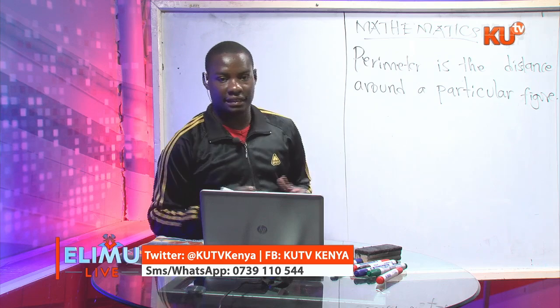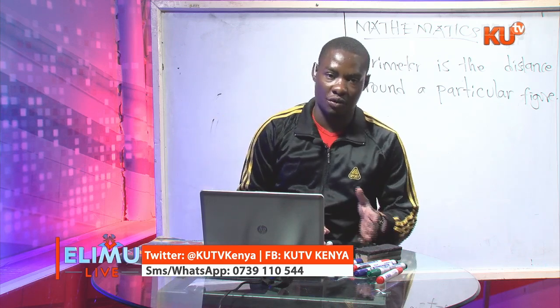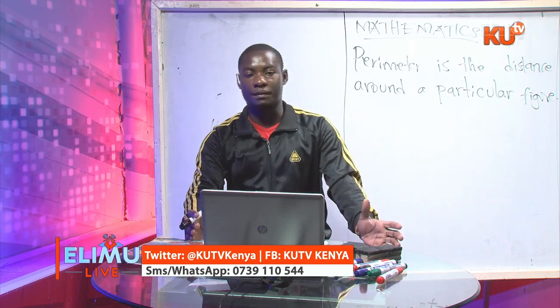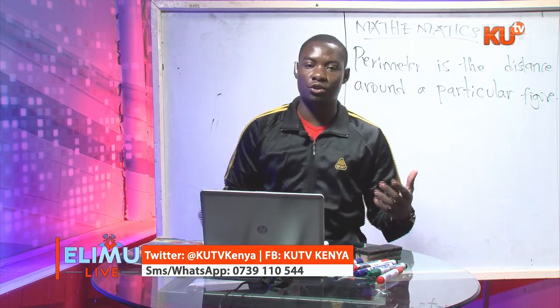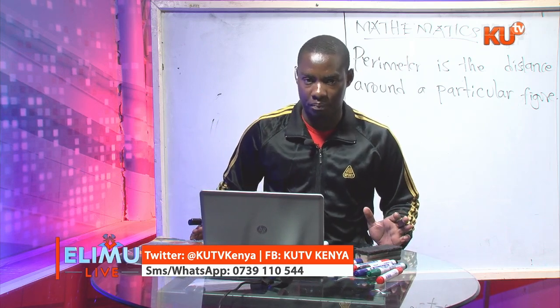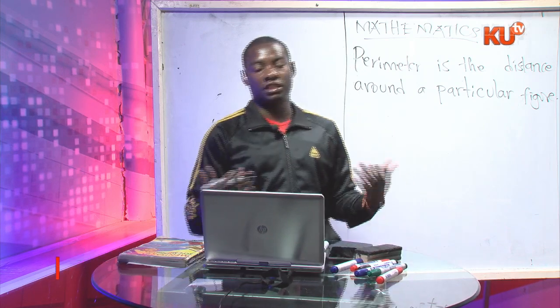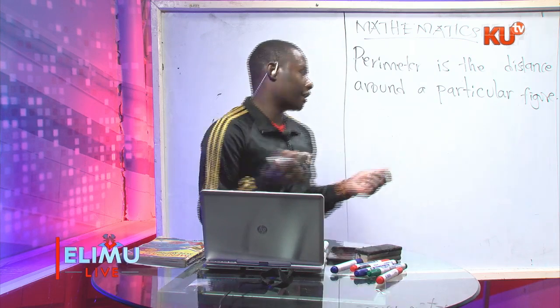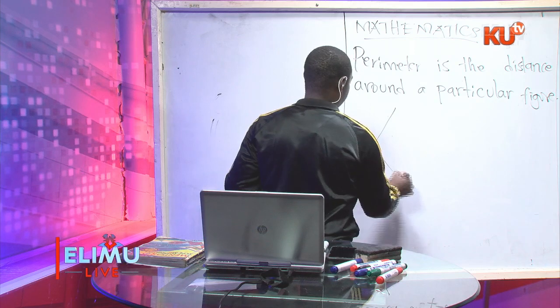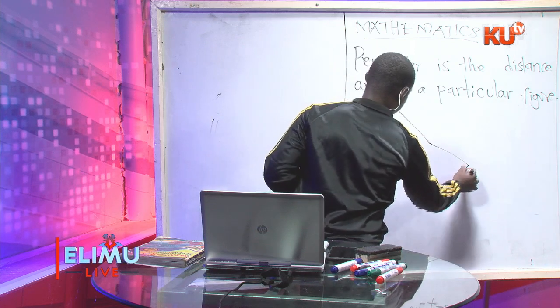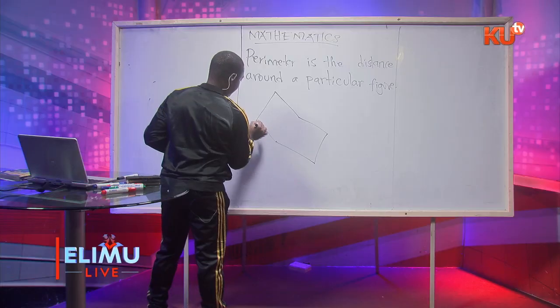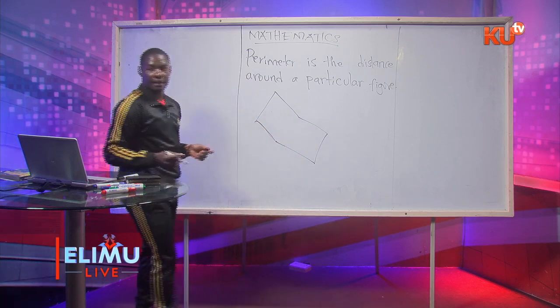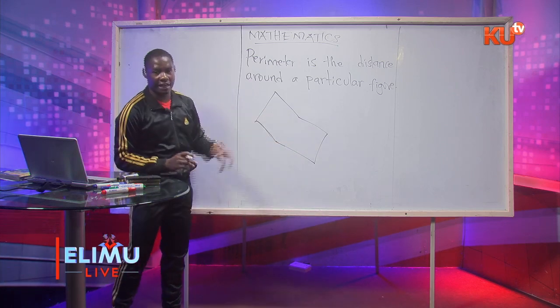There are figures that are definite or regular, and they will have a formula. Whereas figures that do not have a specific shape will not have a formula, so we'll just add the whole distance around the surface. For example, if I have such a figure, this figure does not have a specific name.